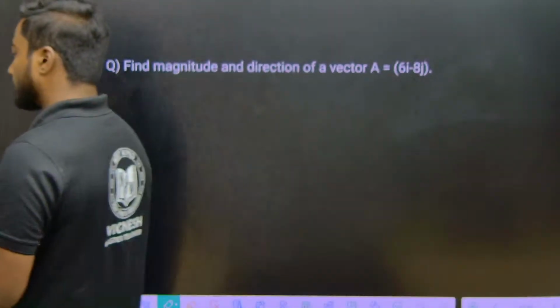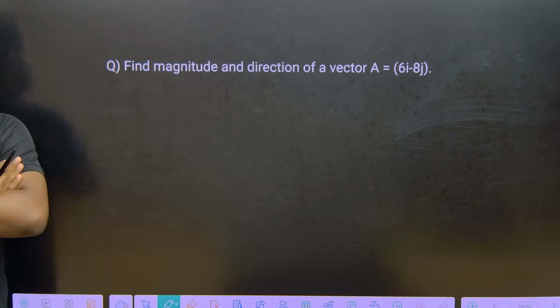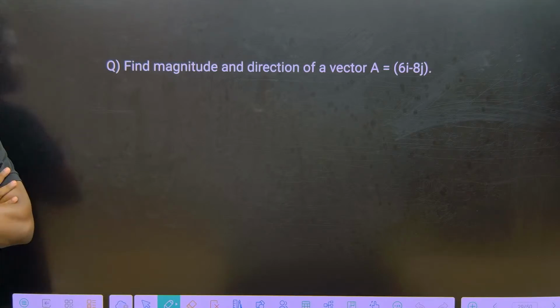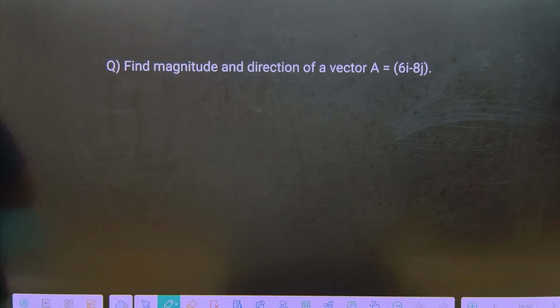Okay, so magnitude and direction of the vector. I need to find the magnitude and the direction. Direction you can say in the coordinates, x and y; i and j is x and y only.